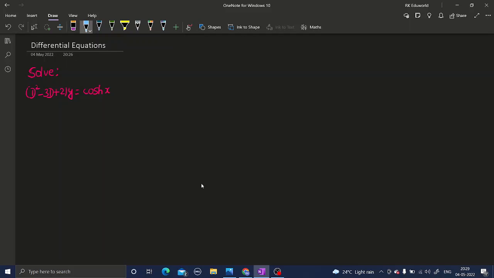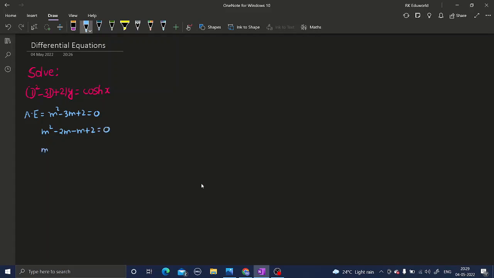So for the complementary function, first of all I need my auxiliary equation. How to find that? Replace this D by m, so m square minus 3m plus 2, and then equate it to 0. Then solve it. So m square minus 2m minus m plus 2 equals 0.